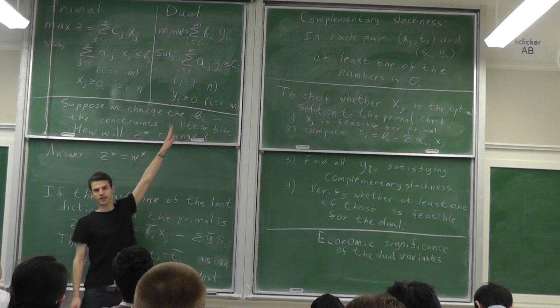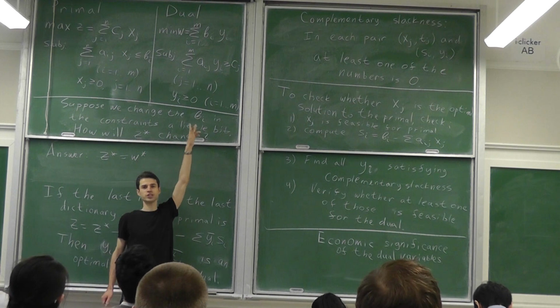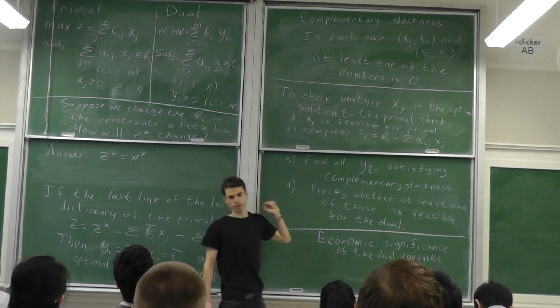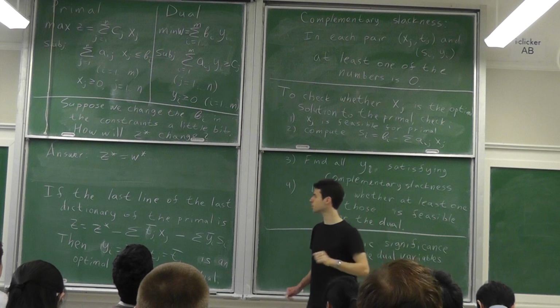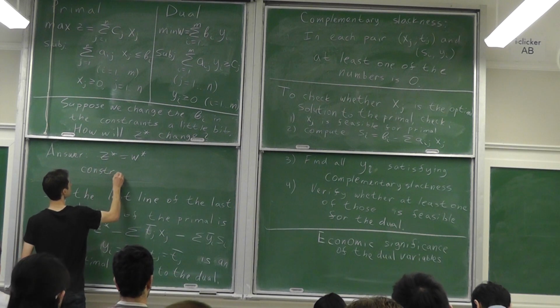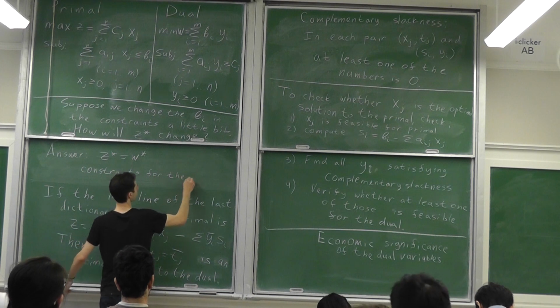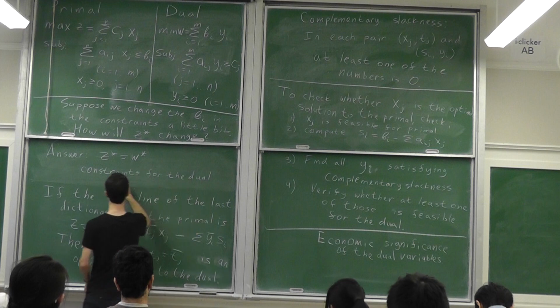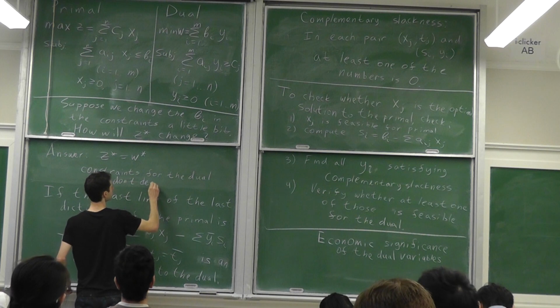But look at the dual. Look at the constraints for the dual. Have they changed when I changed the coefficients bi? No, not at all. The constraints for the dual don't depend on bi.